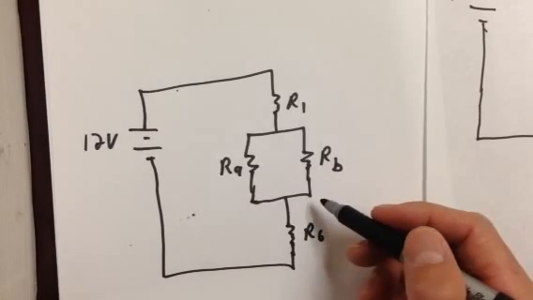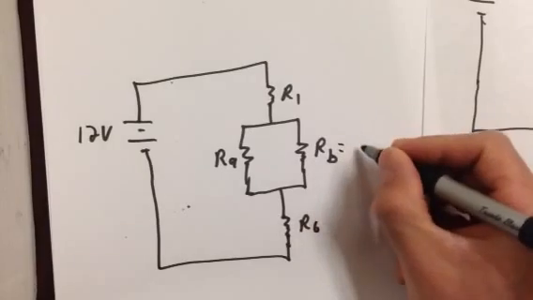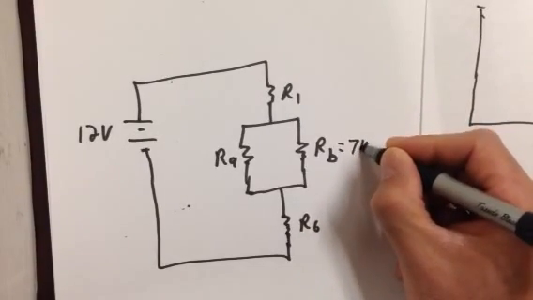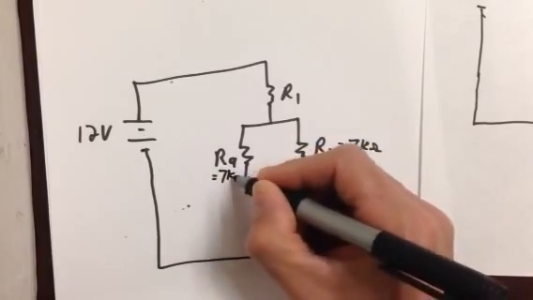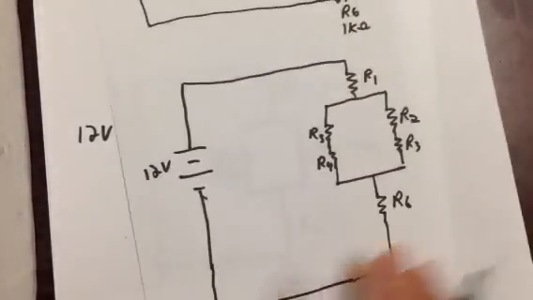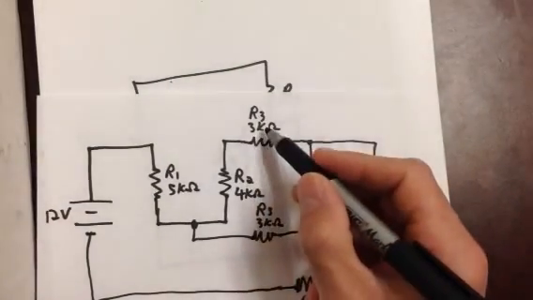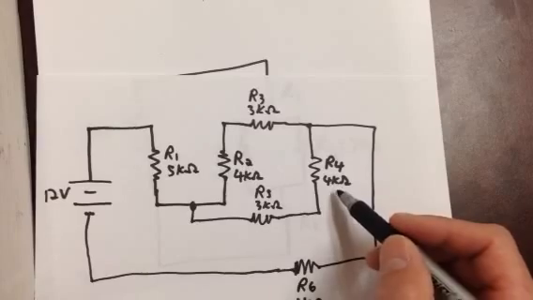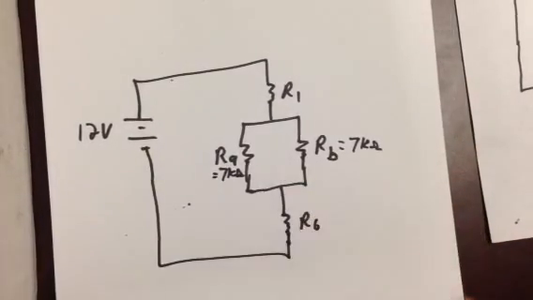RB is R2 plus R3. That makes them both 7 kiloohms, as R2 was 4 kiloohms and R3 was 3 kiloohms, and R5 was 3 kiloohms and R4 was 4 kiloohms. So I'm adding them together to give me 7 beside 7.